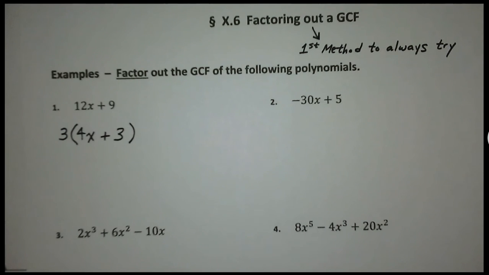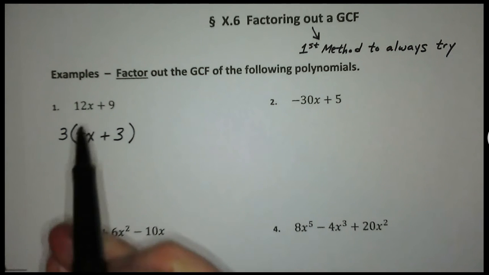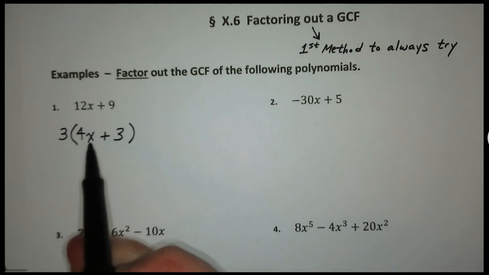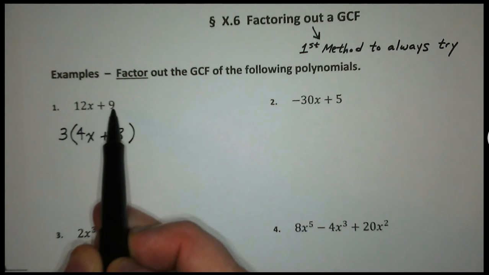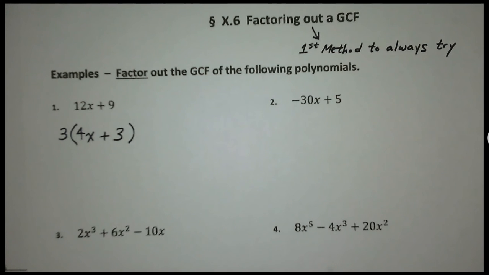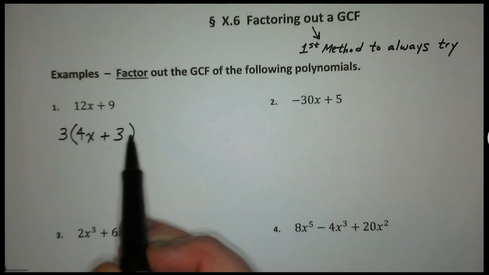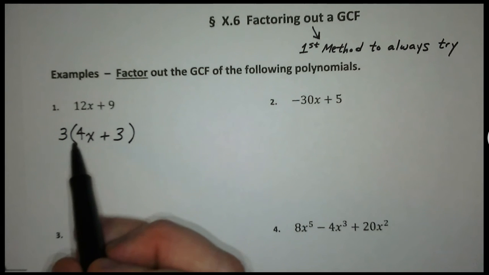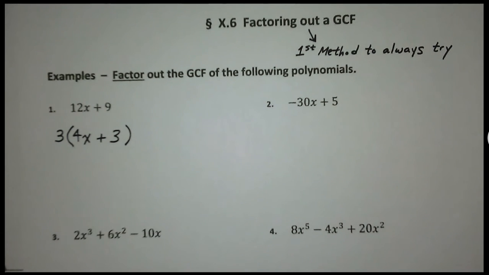And there you go. When you divide the 3 away from 12x, you're left with 4x still in the bubble. And when you divide that 3 away from 9, you still have a 3 left in the bubble. And so now you've factored, because this is essentially a multiplication problem, and it's exactly the same as 12x plus 9. And that's what we're doing.